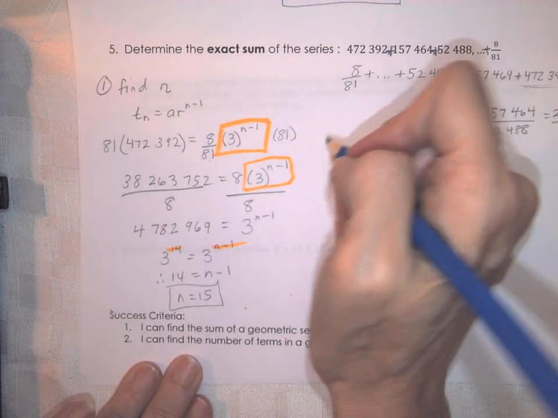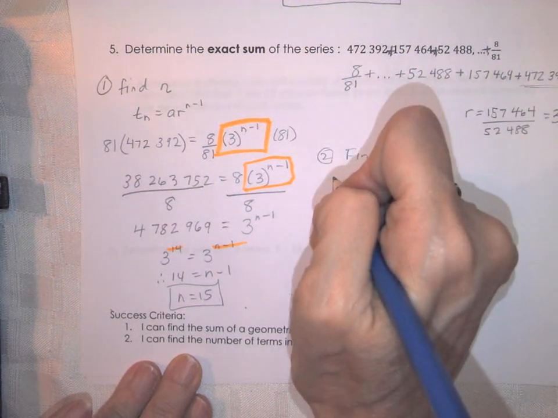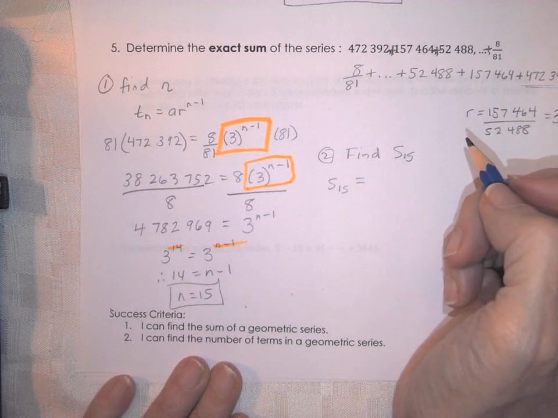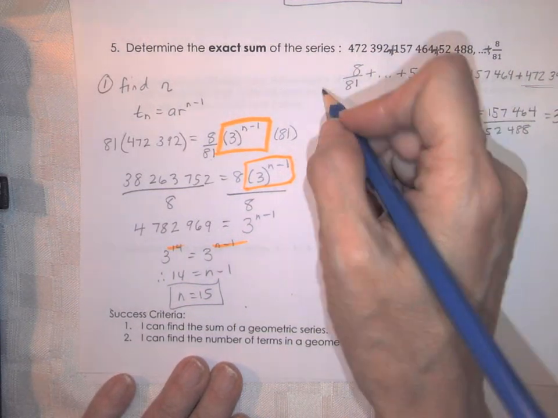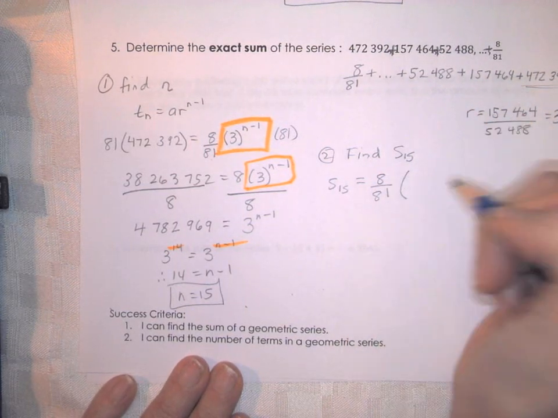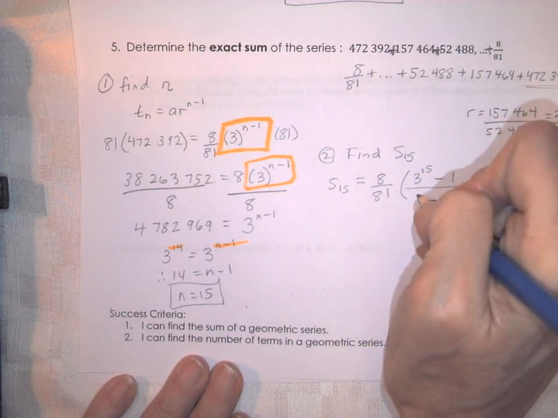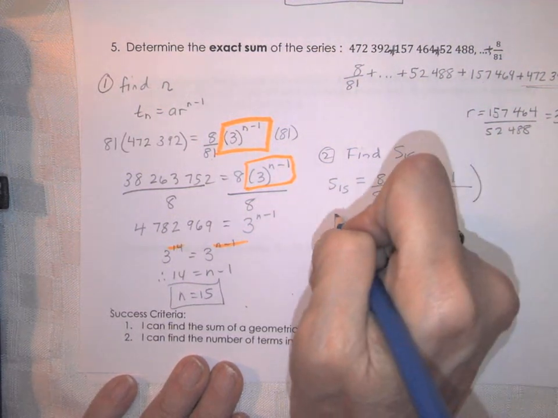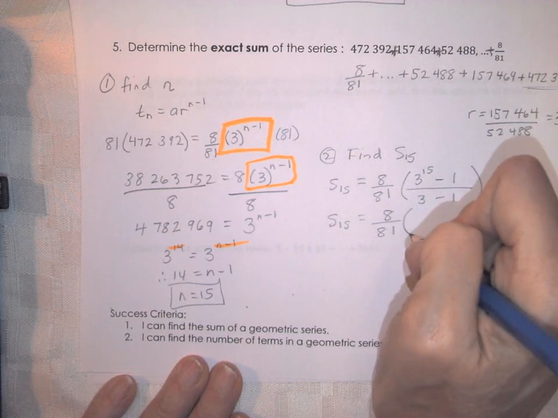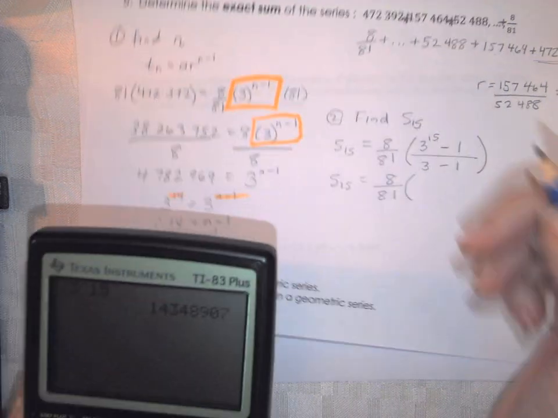So our second step is going to be to find S15. So our a is a fraction, so we're going to use that format where a sticks out front. So our a is 8 over 81 times r, which is 3, to the nth minus 1 over 3 minus 1. So the sum of the first 15 terms is 8 over 81 times, so 3 to the power of 15 is pretty huge.